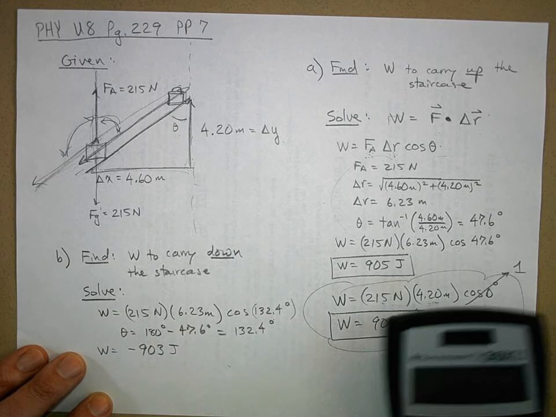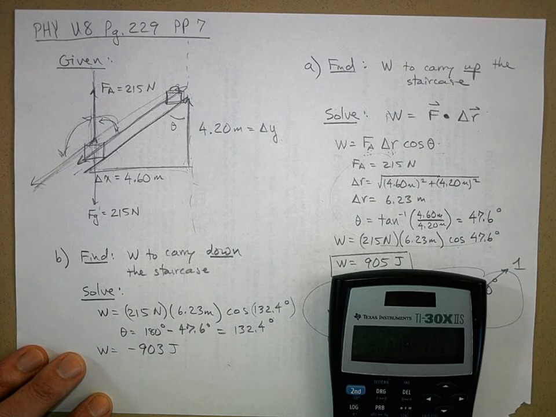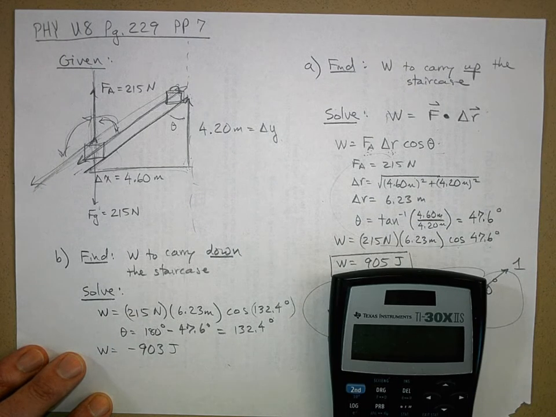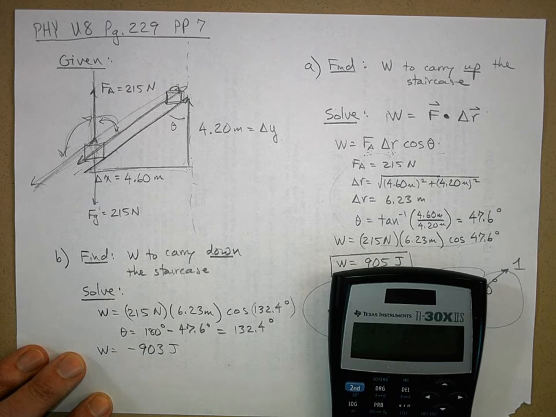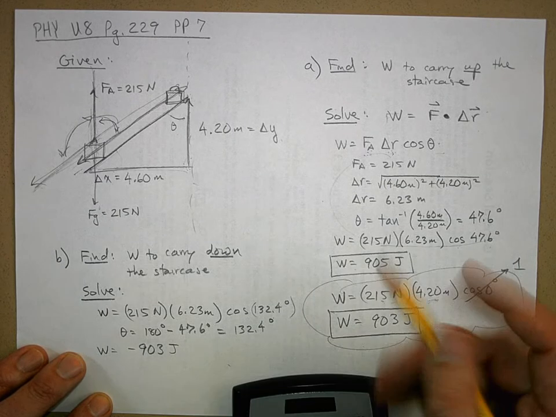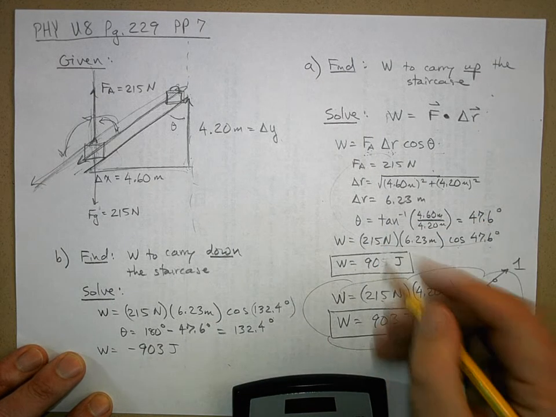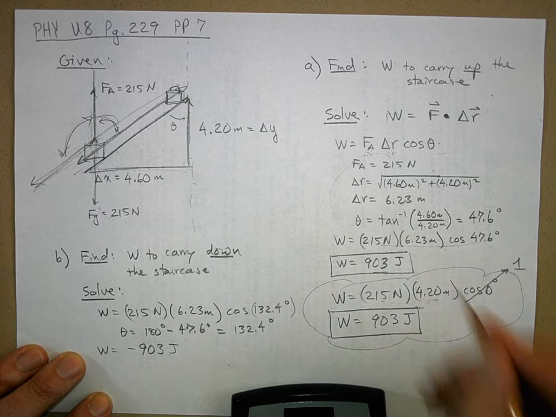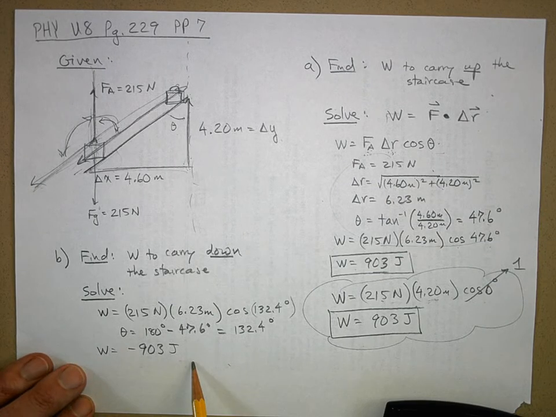Now I wonder, over here, let's just try it: 215 times 6.23 times the cosine of 47.6. I get 903. Oh, that's good. So I get the right answer.